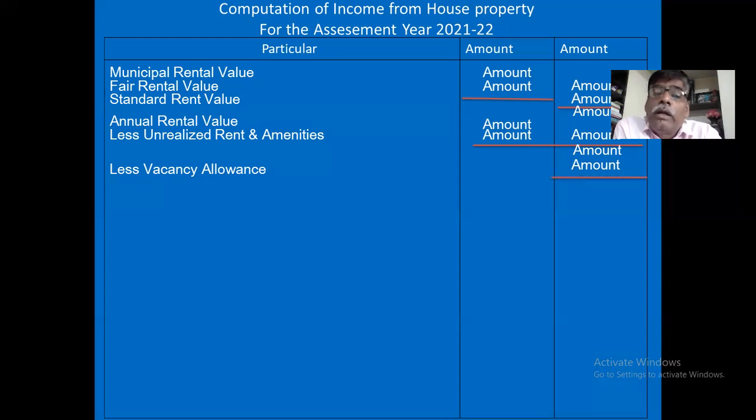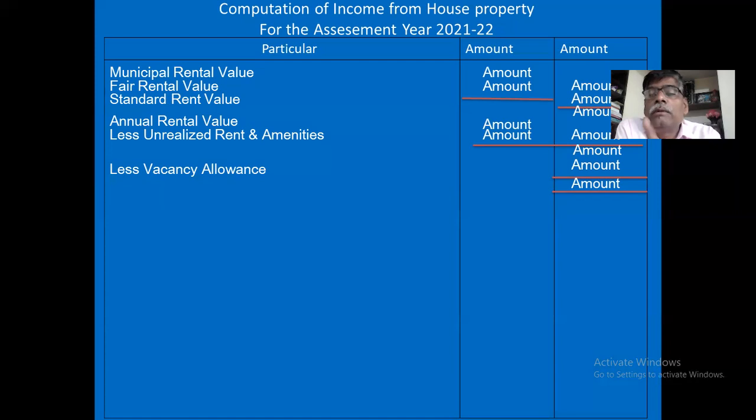If you deduct the vacancy period rent, whatever balance remains is not called gross annual value. Remember that. That amount is compared with the first amount, and whichever is less is called gross annual value. You underline this amount.